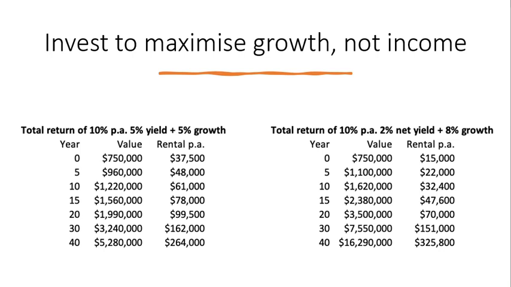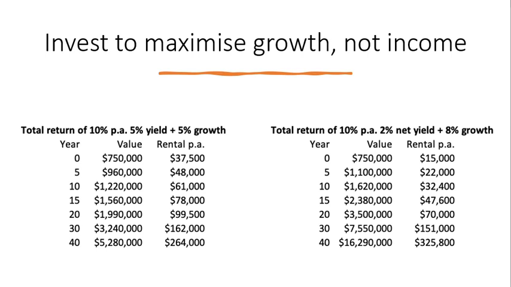So you can see when we first buy that property, it's worth $750,000. Rental income is $37,500. By the time we get to year 40, the property's worth $5.2 million and $250,000 of rental income. Now, these numbers are hard to get our head around. As human beings, we find it hard to really understand how figures compound, but just bear with me.